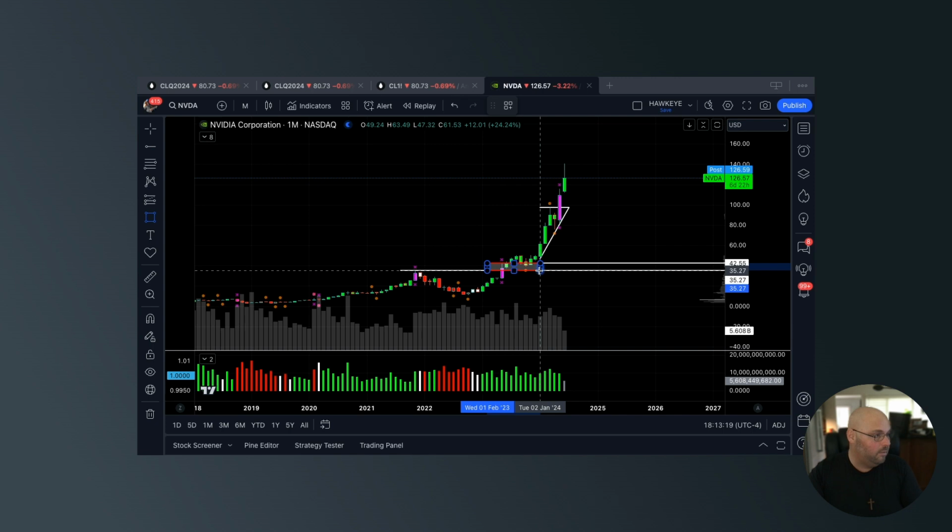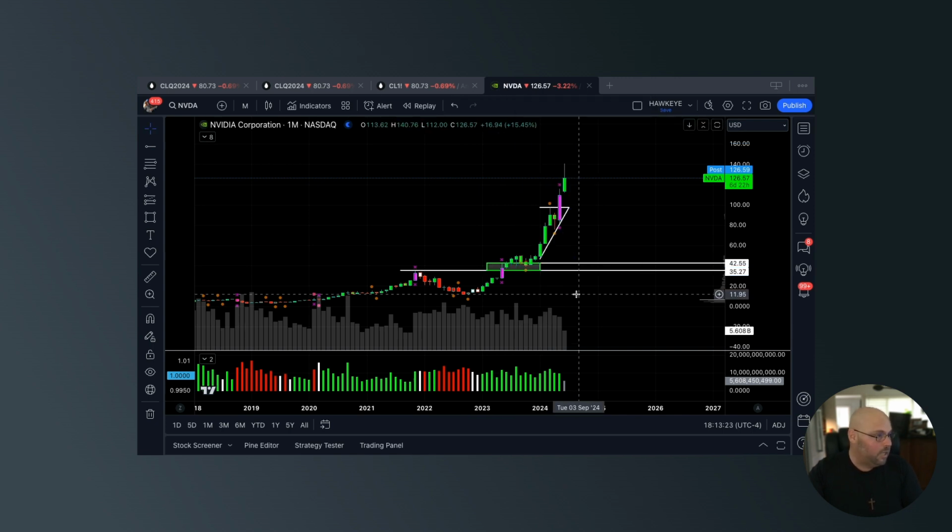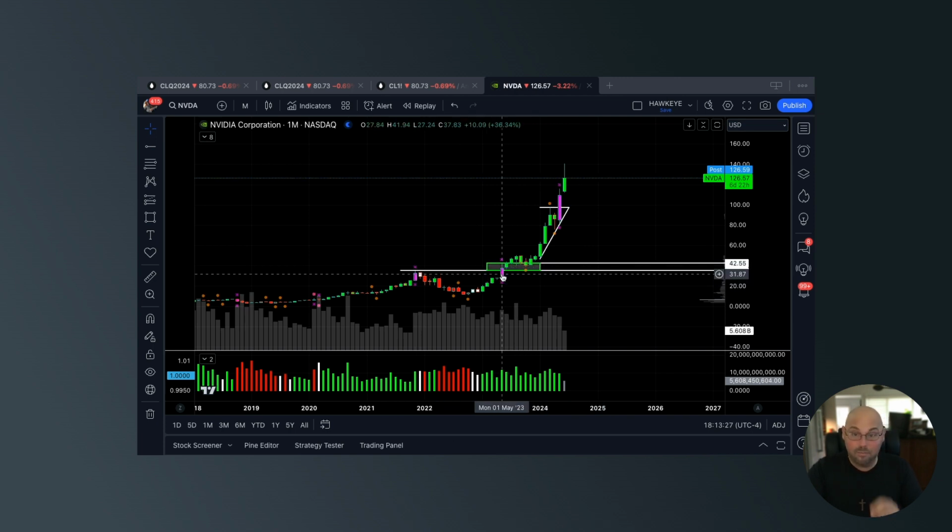We'll mark that off. We'll make it green because, well, clearly it set the stage. This area, these two wide bars, the highs very specifically, set the stage for this parabolic run.